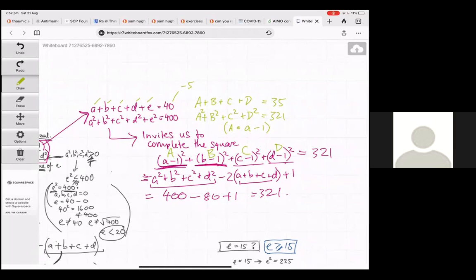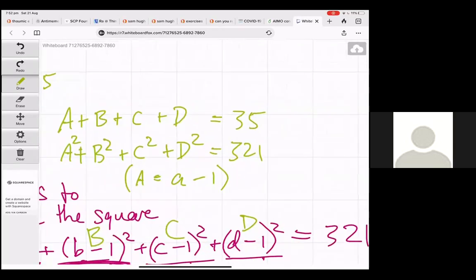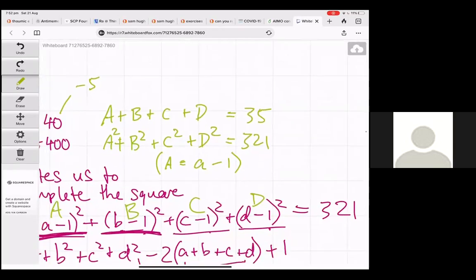And you can start to see where a contradiction might arise. Just like we saw with 19 not being able to work, we saw basically that 19 couldn't work because the sum of the squares was too small. It was too small for this to be able to occur.